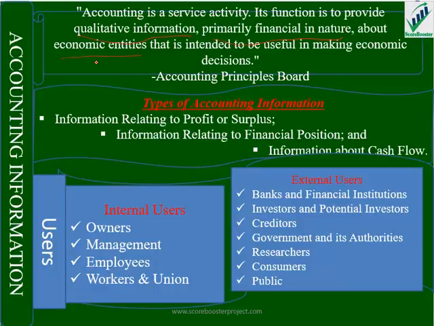Here we are talking about a firm or company, that is intended to be useful in making economic decisions. That is the most important thing. As an investor, you need to get the annual report of a company before you buy the shares of that company. That is what accounting is trying to do.